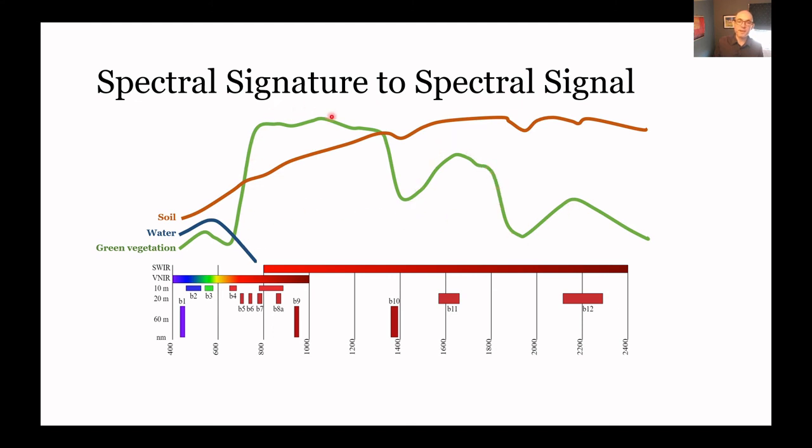So this is the signal, the light that we could potentially see if we could see this portion of the electromagnetic spectrum. Soil, similarly, increases upwards to here into the near infrared. That signal is the light being given off by these particular surfaces.